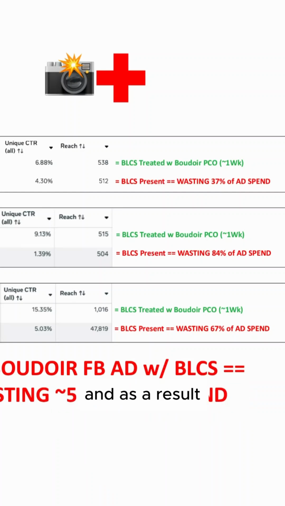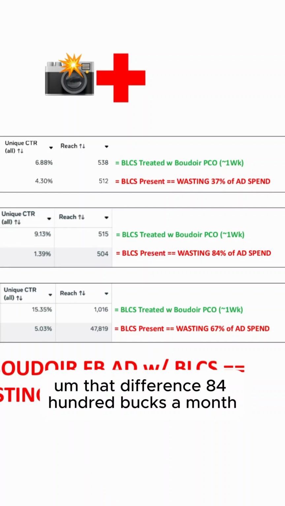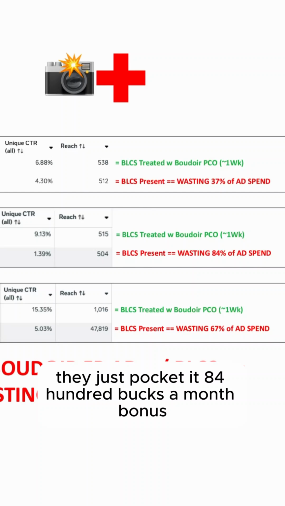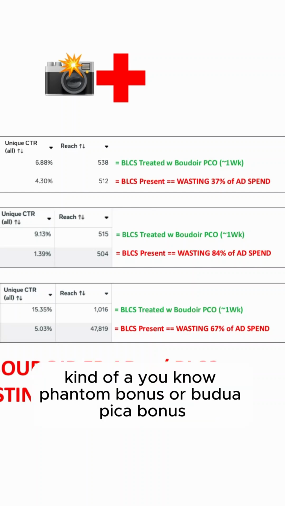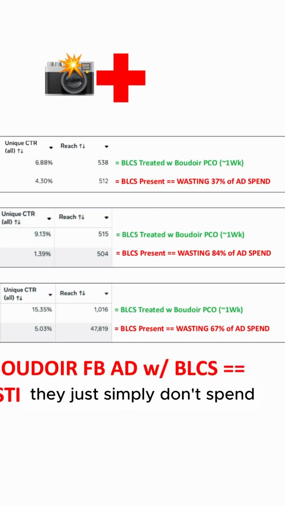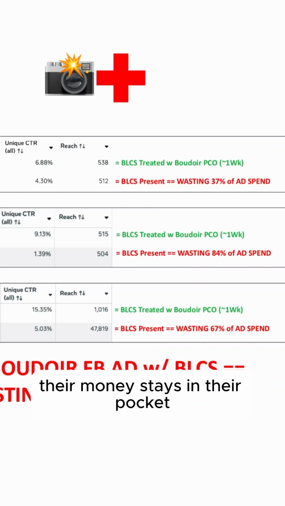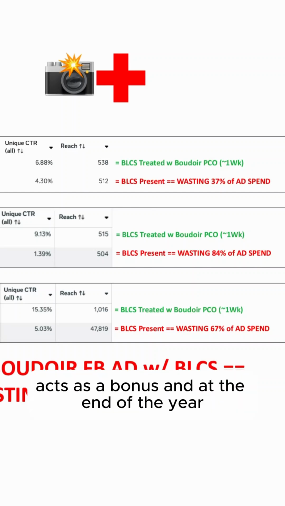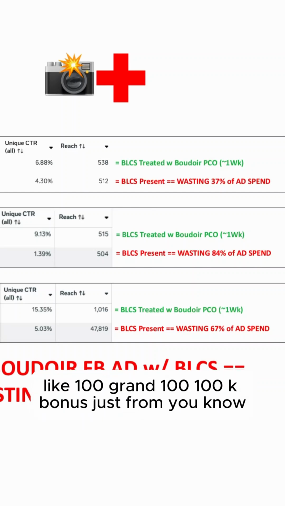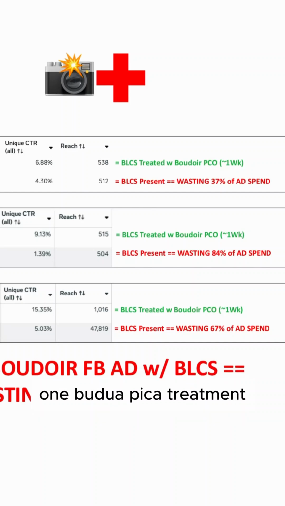And as a result, that difference, $8,400 a month, they no longer have to spend. They just pocket it, $8,400 a month bonus, kind of a phantom bonus or Boudoir Pico bonus. They just simply don't spend the money, it stays in their pocket, acts as a bonus. And at the end of the year, it's like 100K bonus just from one Boudoir Pico treatment.